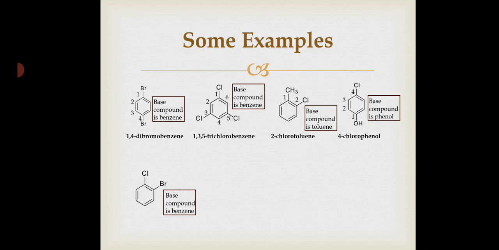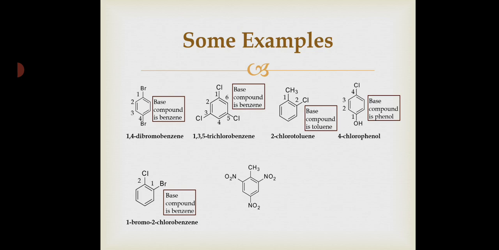If you remember, bromo gets preference over chloro, B gets preference over C, and so the numbering should be like this. While writing the substituent names in the prefix, we have to follow alphabetical order, and so the name of the compound is 1-bromo-2-chlorobenzene.